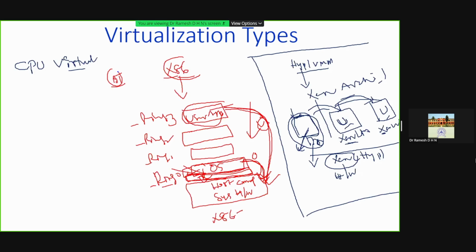As I'm going to clarify in the following manner, 3 alternative techniques now exist for handling sensitive instruction execution and privileged instruction execution to virtualize the CPU on this x86 architecture.